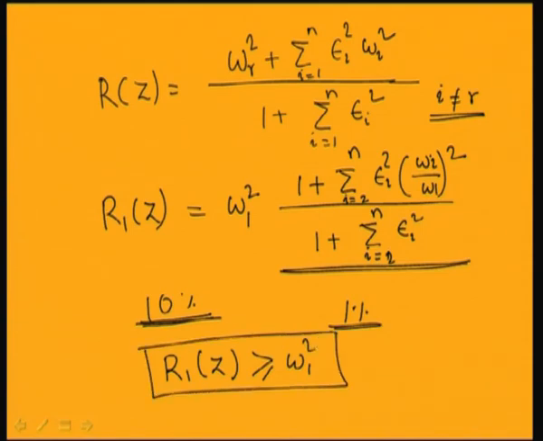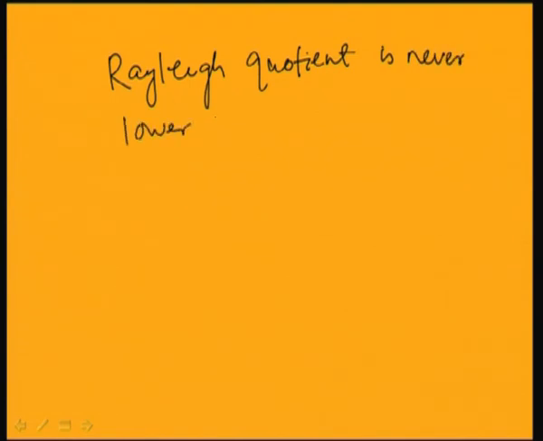So, you can observe that the Rayleigh quotient will never have a value less than the first mode eigen frequency. You can note that this Rayleigh quotient is never lower than the smallest eigenvalue.